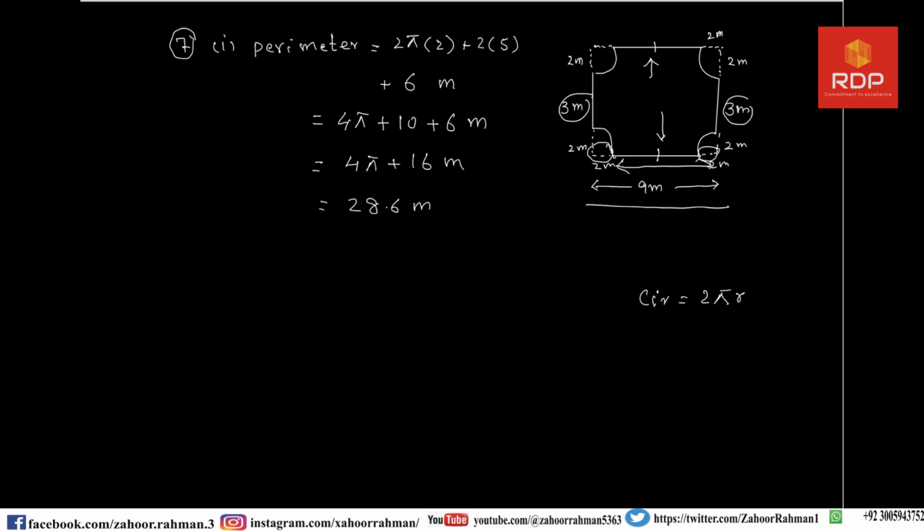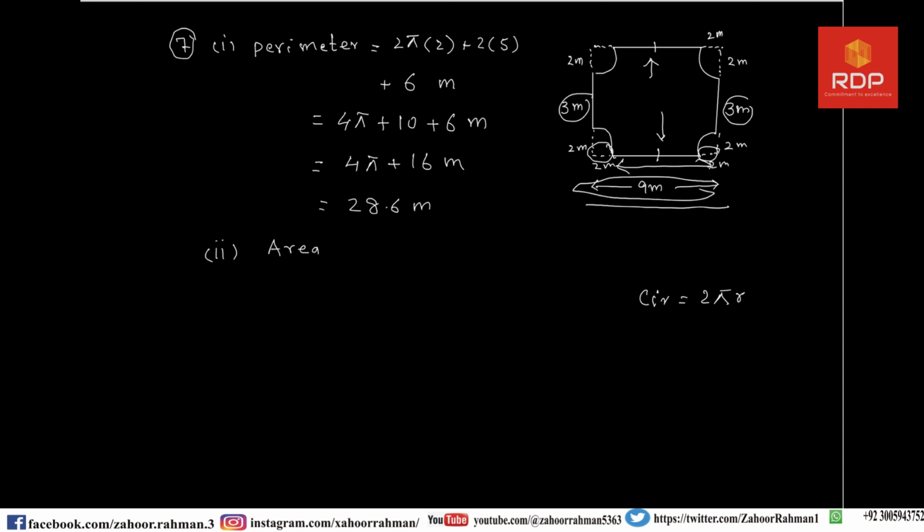Now we have to find, in the second part, the area. So remember how to find this. There is a rectangle. So first of all, this is 9 on this side.